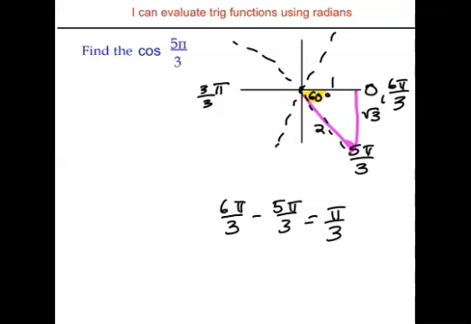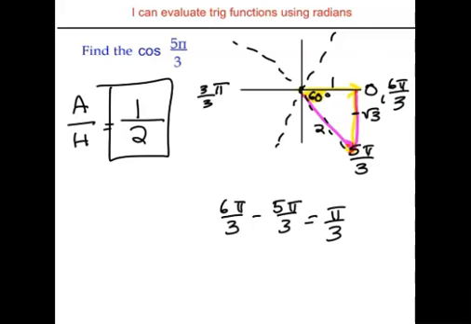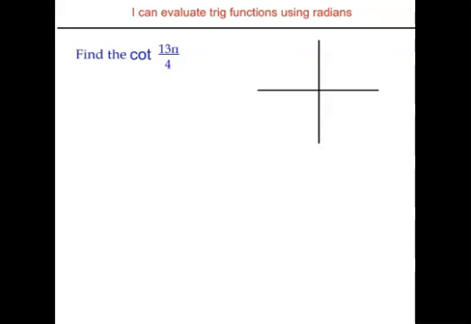Again, I'm going right, so that's positive, but then down is negative square root of 3. So cosine is A over H. My A is 1. My H is 2. All of that for 1 over 2. Let's try a couple more.